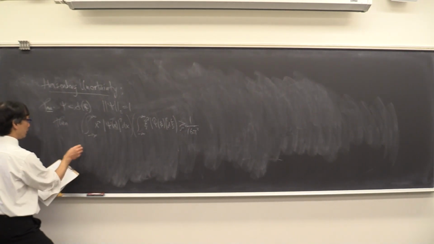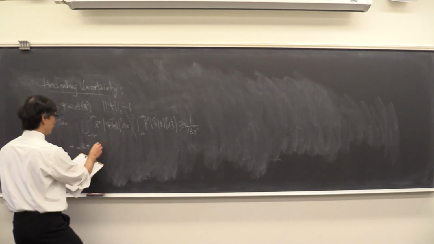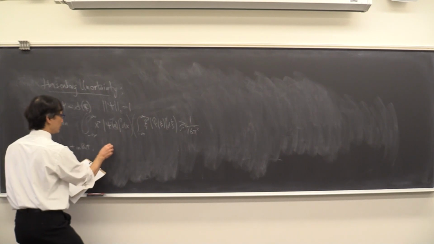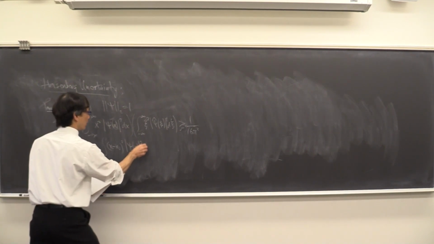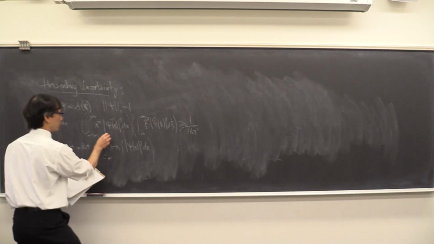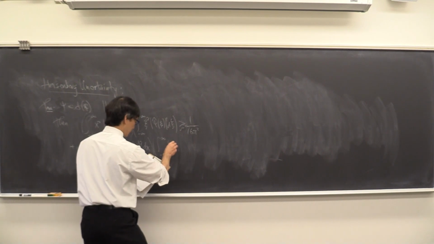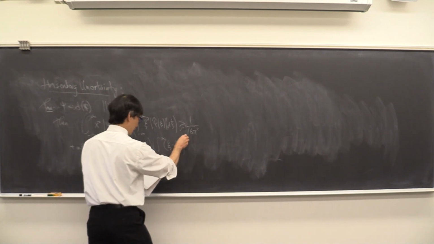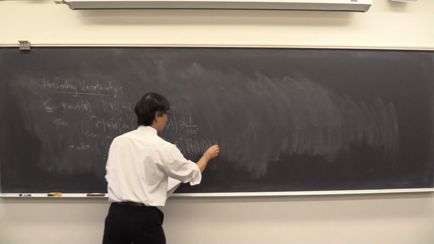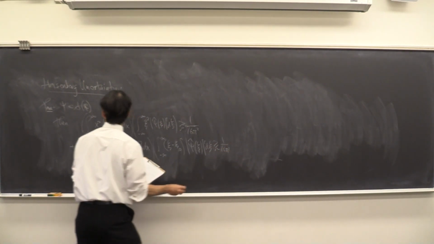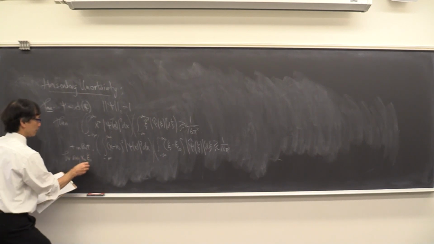And in fact, this is true if you look at x minus x naught and xi minus xi naught squared, for any x naught and xi naught.